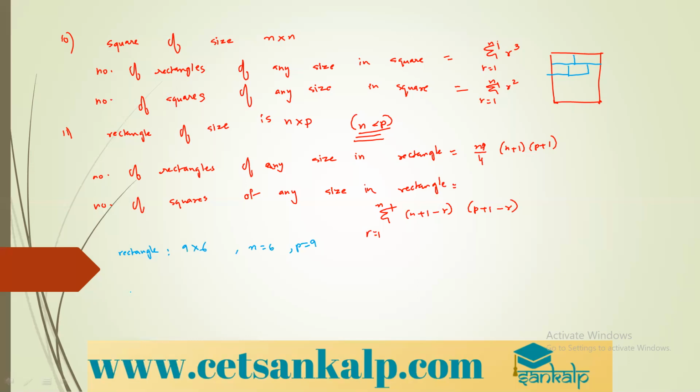Now you have to find the number of rectangles of any size inside this rectangle. So you will take np, 6 into 9 by 4 into n plus 1, 6 plus 1, into p plus 1, 9 plus 1. So 2 2s, 2 3s, 2 1s, 2 5s.